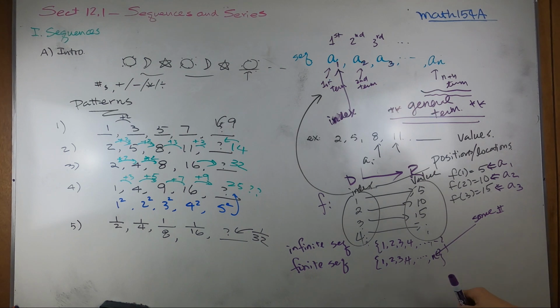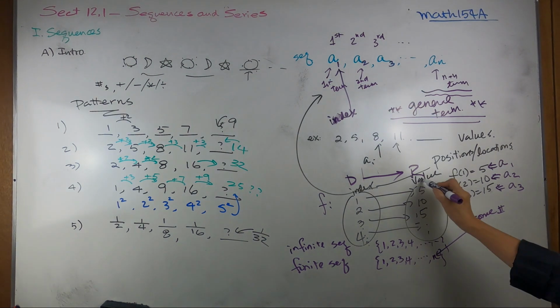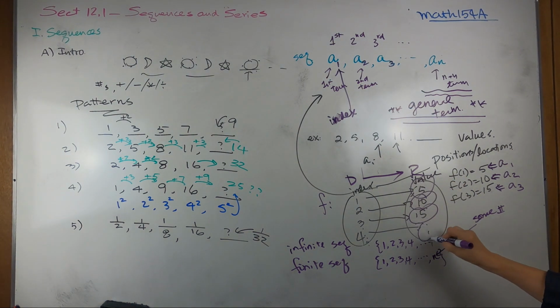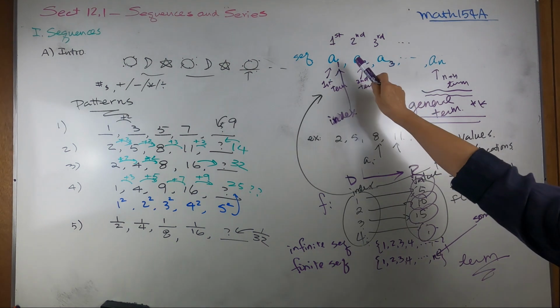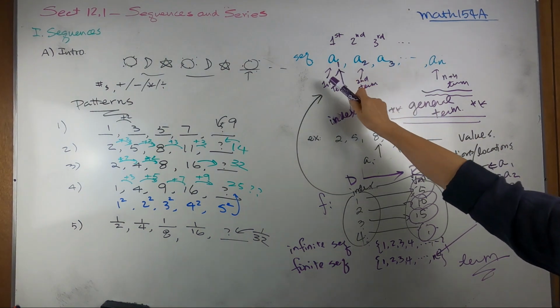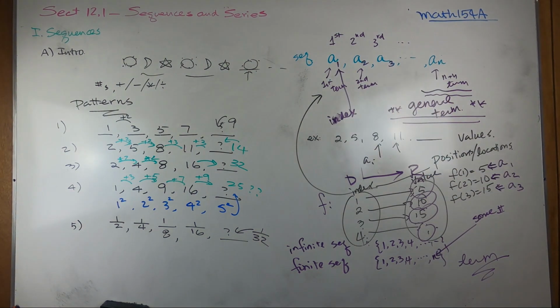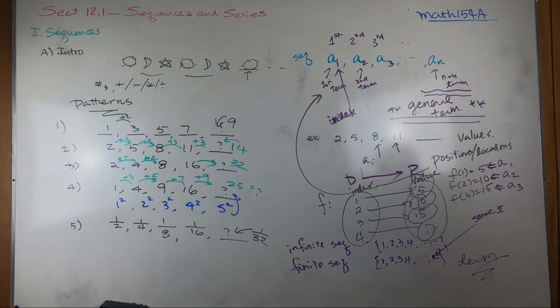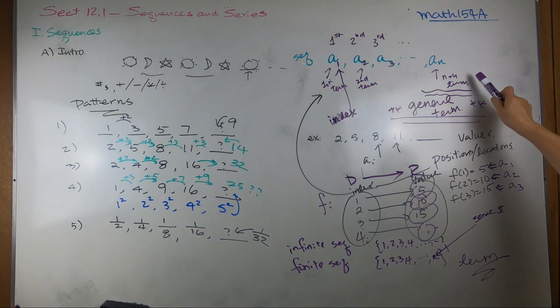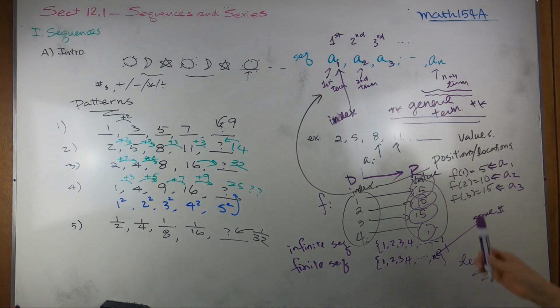Each number of the sequence we call a term of the sequence. Each one, A1, A2, A3, is the first term, second term, third term. You have many, many terms, all the way to the nth term, and that would be the finite sequence.